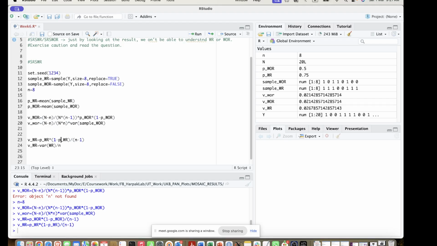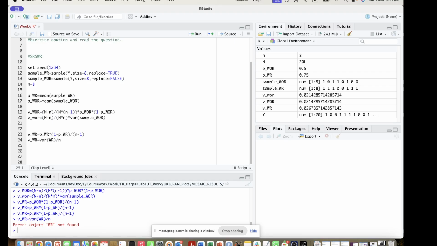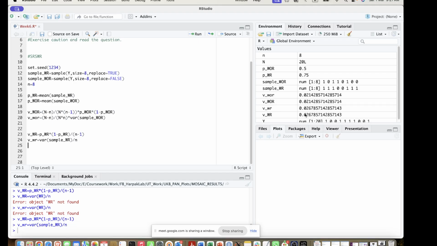So let's see if these match or not. Variance of sample WR. So this one is actually 0.026 and this one is also exactly the same. So we have derived our formulas correctly.